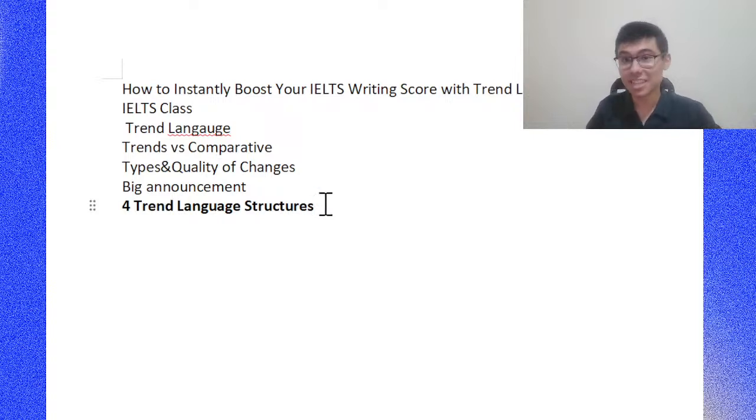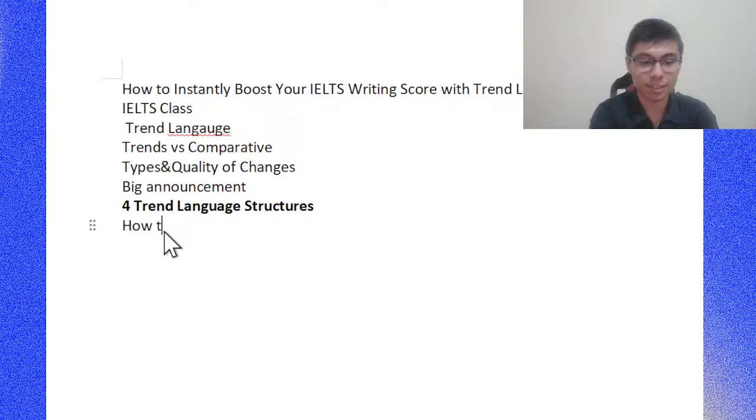And I'm not just gonna show you 1 or 2 language structures, but I'm also gonna show you 4 of those. And then we will also be talking about how to correctly use prepositions.